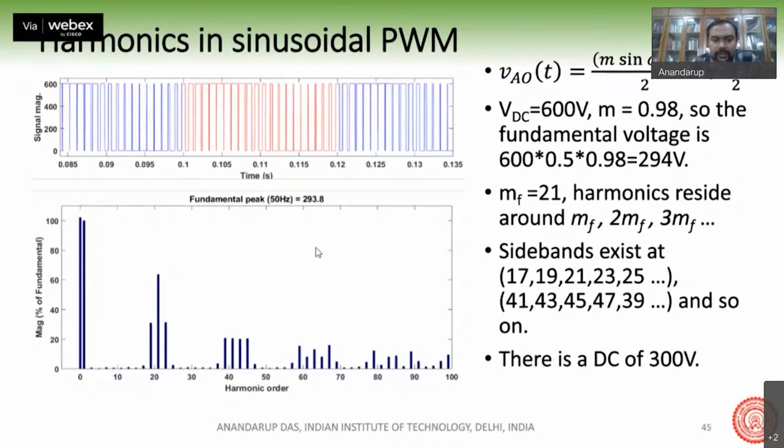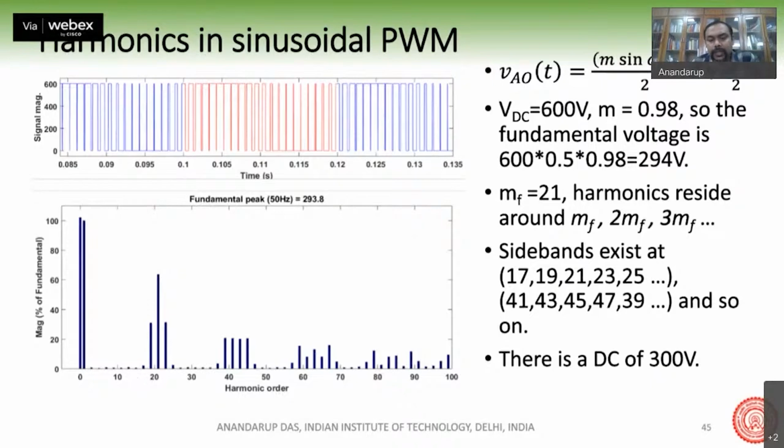If you look at the harmonic spectrum of the voltages, suppose I am showing the pole voltage, there you can see that I have taken MF equal to 21, and the harmonics exist at 21, 23, 25, and also 19, 17, etc.